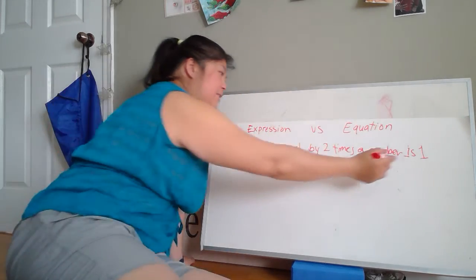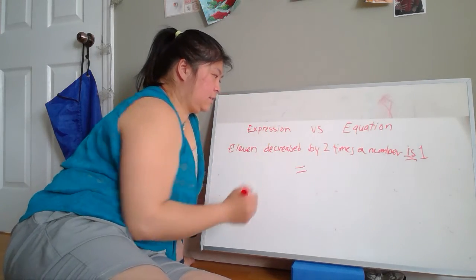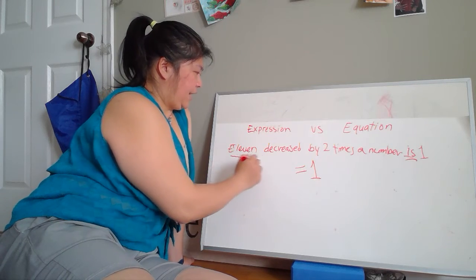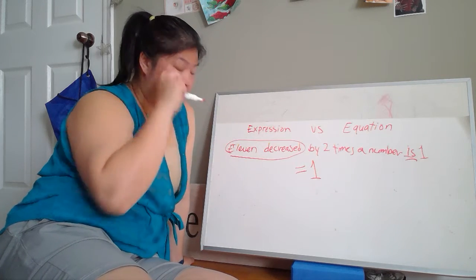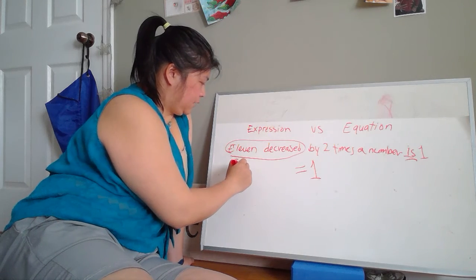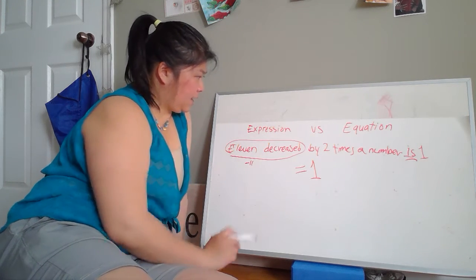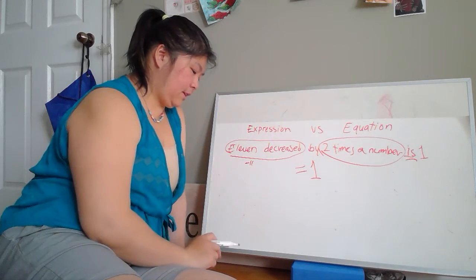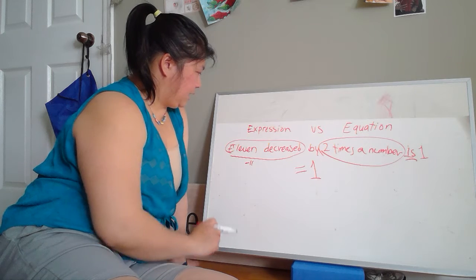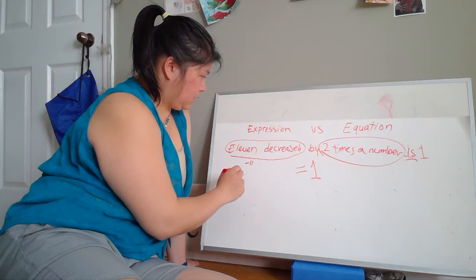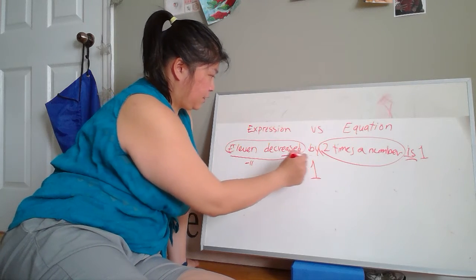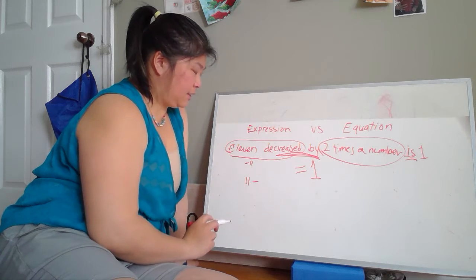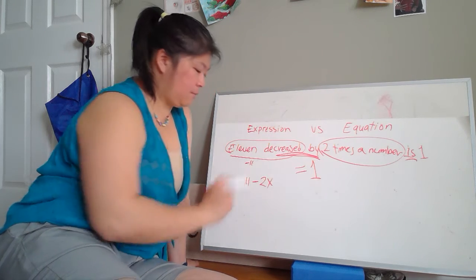So is again is the equal sign, equals 1. Decreased meaning subtraction, right? This is 2 times the number. So 11 decreased by 2 times the number. You have to look at the words decreased by.